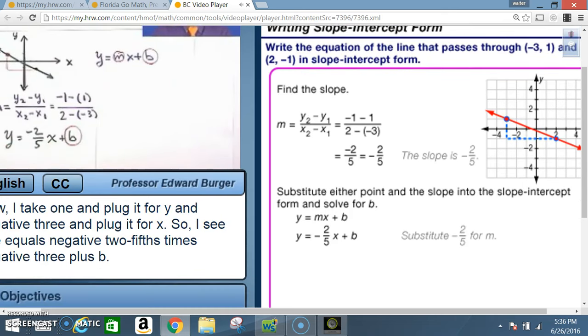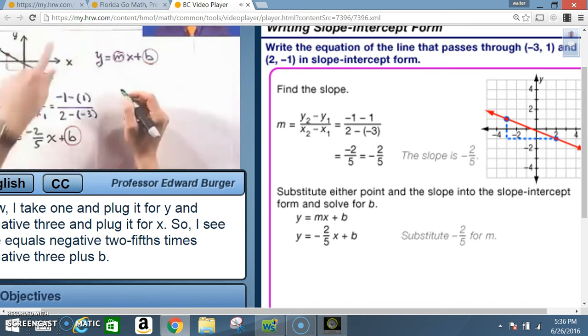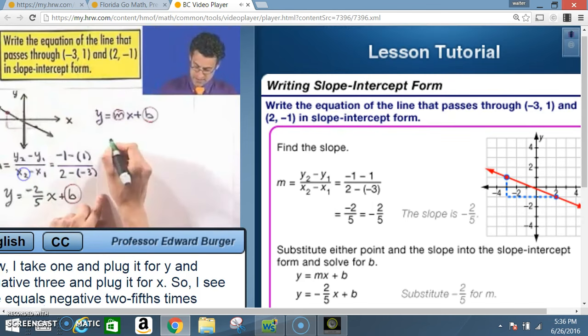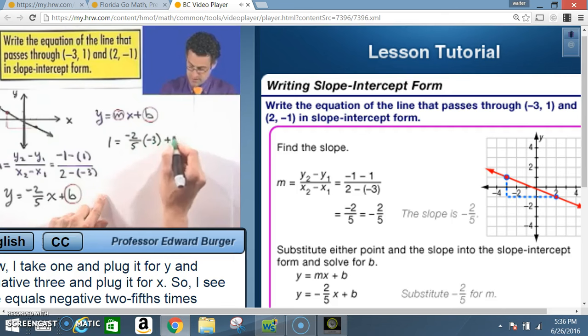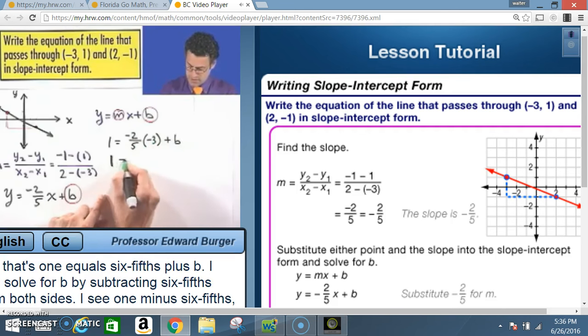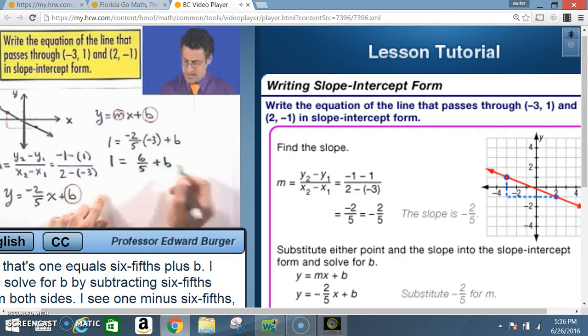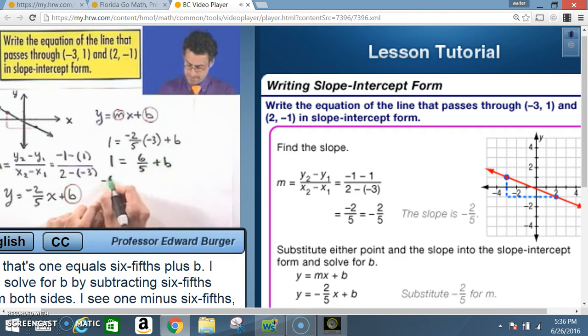I'm going to now take 1 and plug it in for y, and negative 3 and plug it in for x. And so I see 1 equals negative 2/5 times negative 3 plus b. And so that's 1 equals 6/5 plus b. And I can solve for b by subtracting 6/5 from both sides.